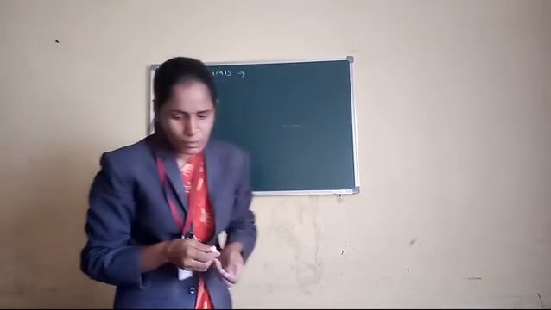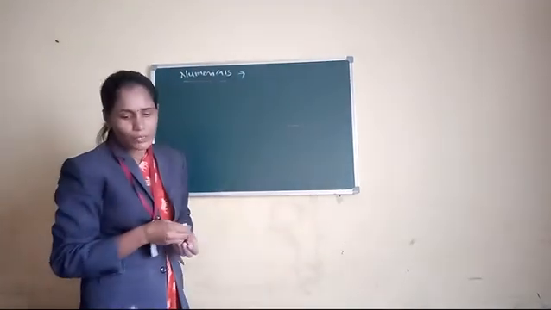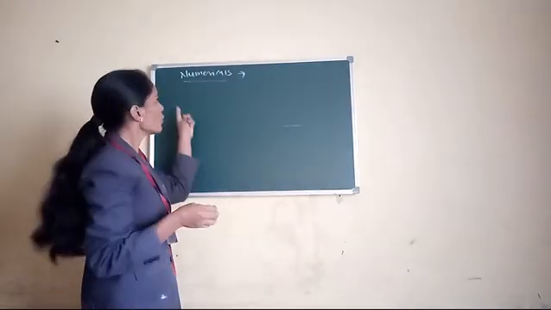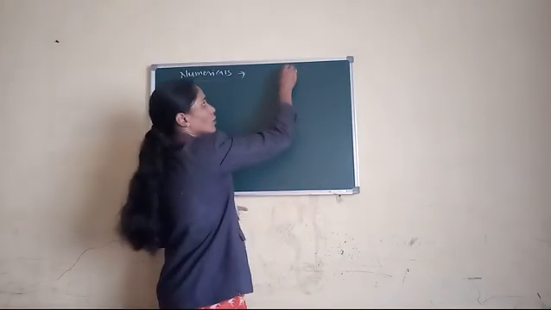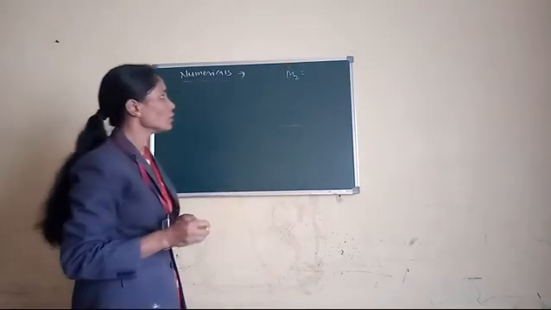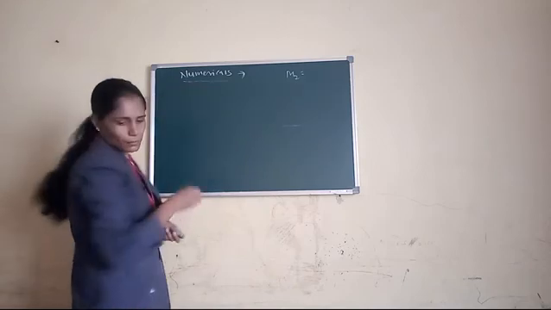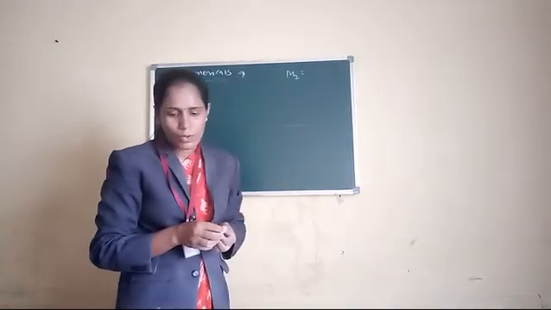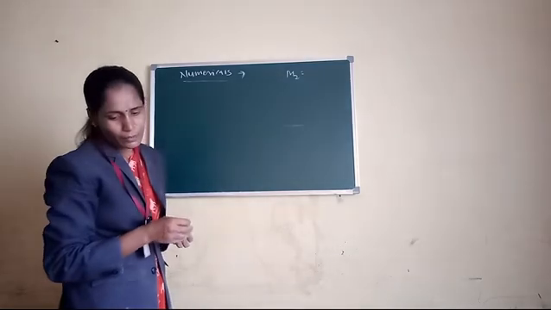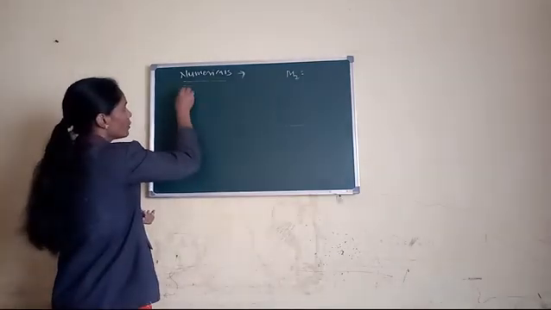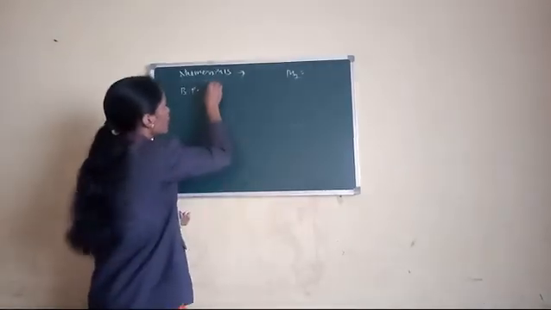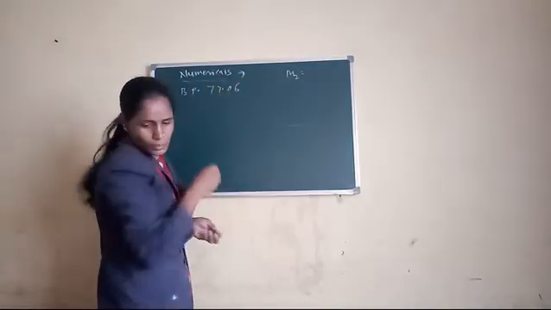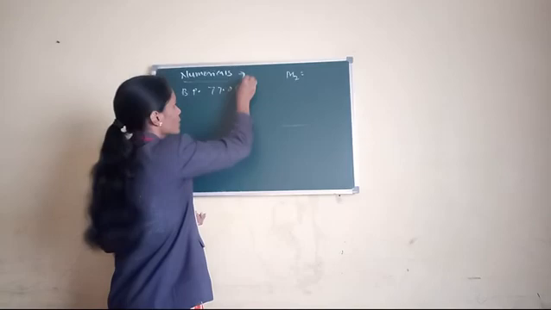Numericals on the basis of elevation of boiling point, using the formula for M2. First, the normal boiling point of ethyl acetate is 77.06 degree Celsius.